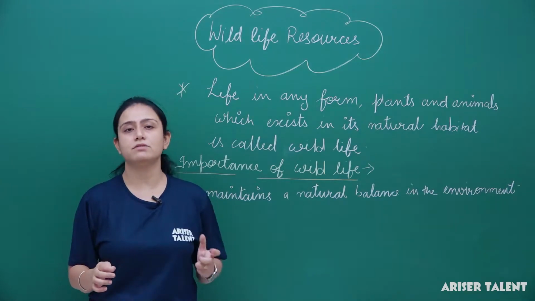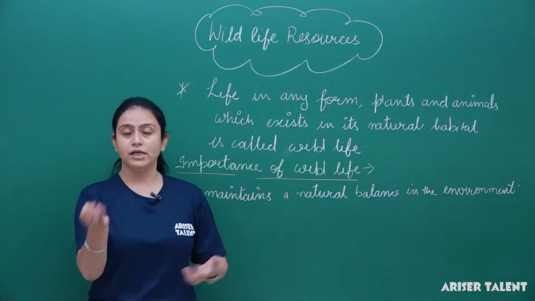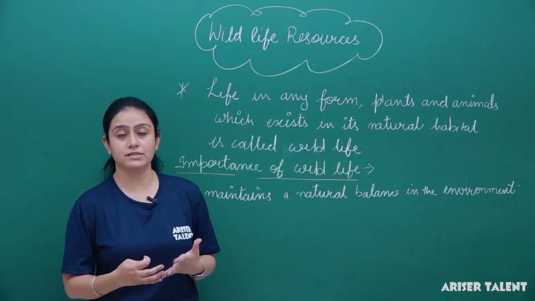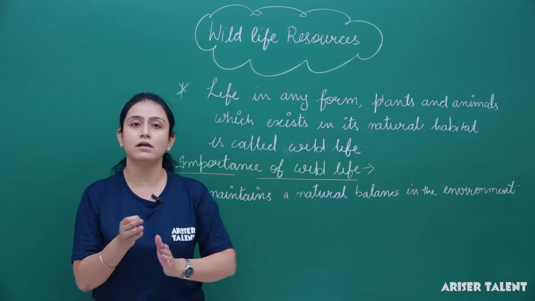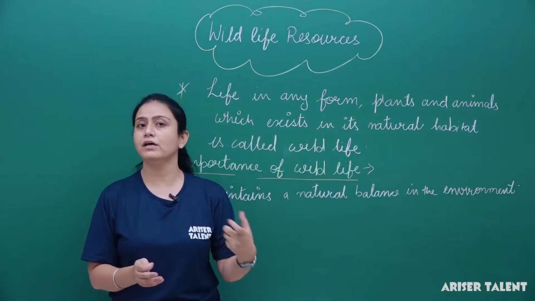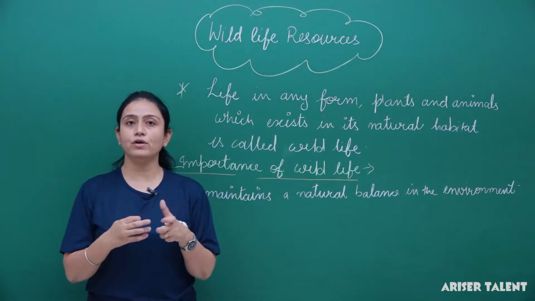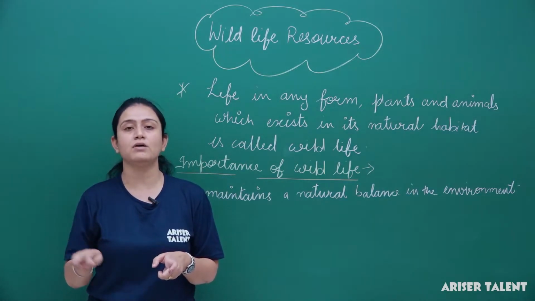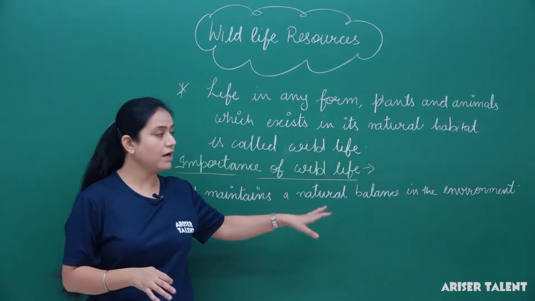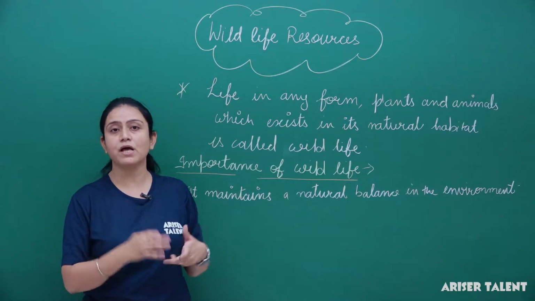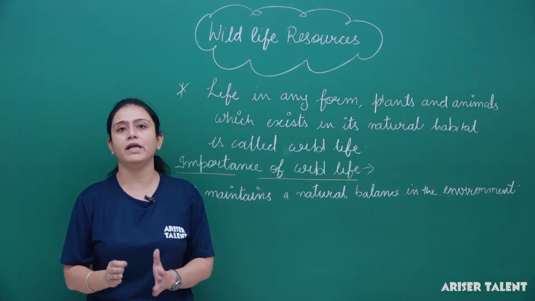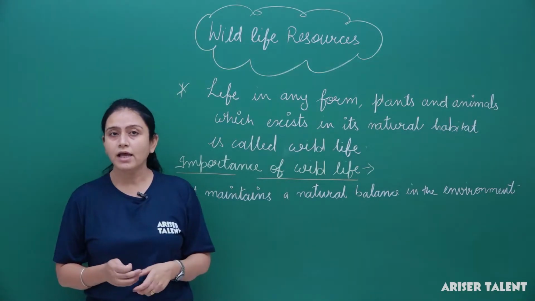As you already have studied about the balance in the previous classes. We all know that plants and animals are totally dependent on each other for their needs. As well as we also know that whatever the biogeochemical cycles are there, plants help in them. So thus we can say that these wildlife, means plants and animals, both maintain a natural balance in the environment.